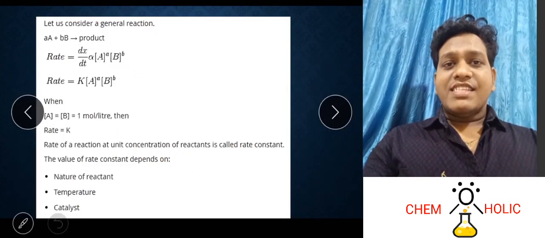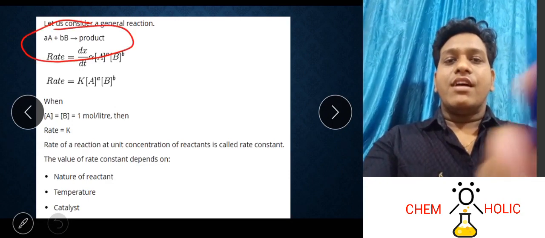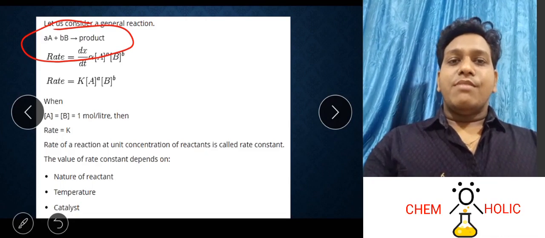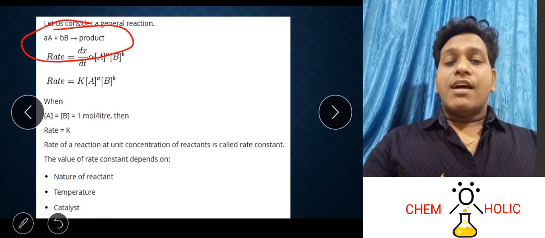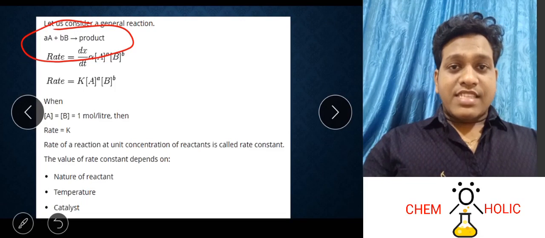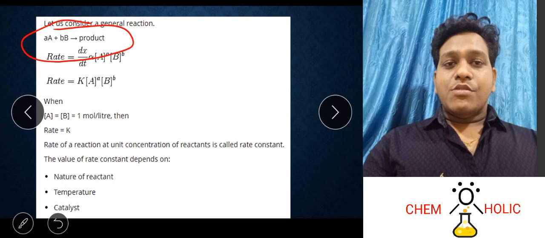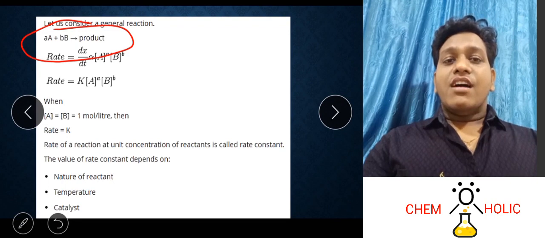Okay, let us understand with the help of this example how to calculate the rate constant. If I have a reaction, aA plus bB gives product. As I told you, in the case of rate law, we are not bothered about the product, only the reactants. So for aA plus bB gives product, the rate dx by dt is directly proportional to the concentration of A raised to a and B raised to b.